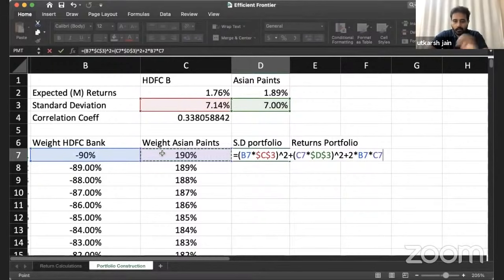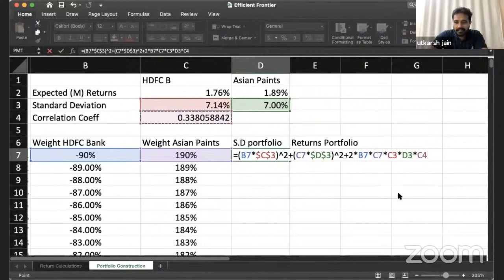Should I freeze weights? No, because we want them to be changing, right? Into standard deviation 1 into standard deviation 2 into correlation coefficient, correct?